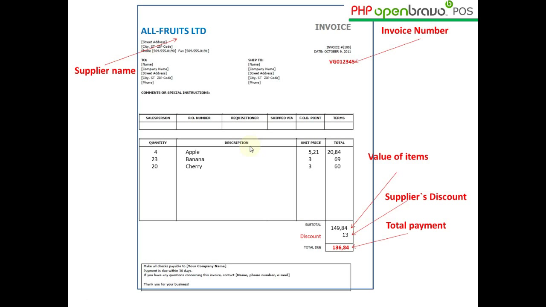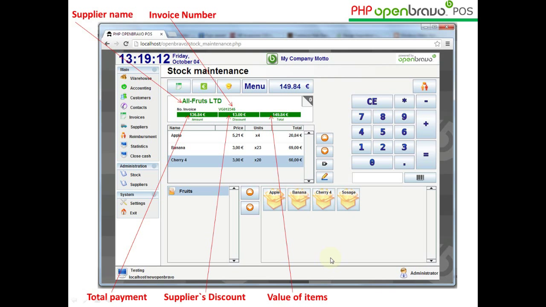This slide is an example of how an invoice received from a supplier looks, together with products delivered to the shop. There are 5 important elements besides the items: supplier name, invoice number, total value of all items, discount if there is any, and grand total, which is the sum of money expected to be paid off.